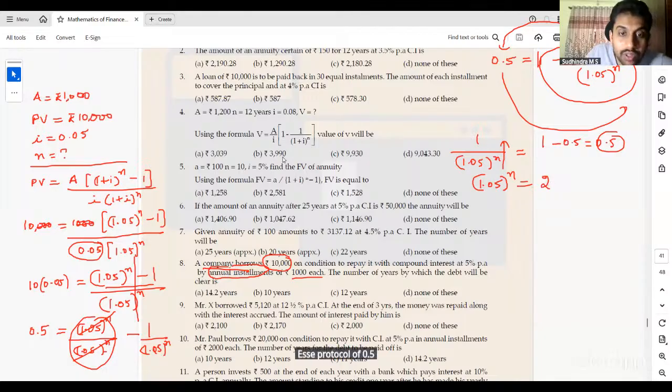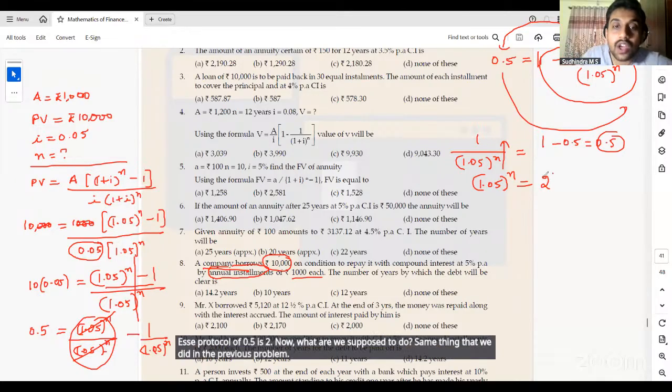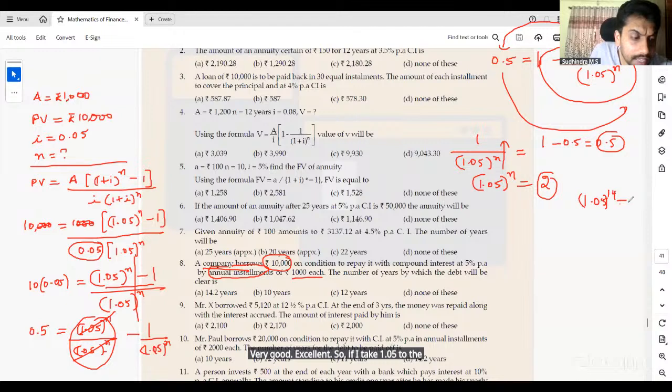Now what are we supposed to do? Same thing that we did in the previous problem. Express 2 as 1.05 to the power something. How much do I get? Around 14 to 15. Very good. If I take 1.05 to the power 14, I get 1.9799.